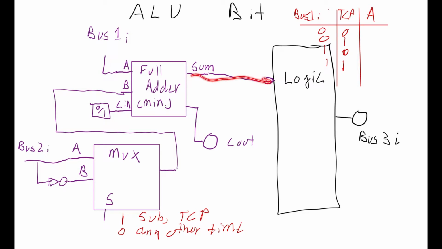Now the sum will come out, and as you saw in the previous circuit, it will split and go to the 3 pass gates for each one of those operations, and then go out to your output. After you've done all of that, you'll want to draw your circuit so that it looks nice, because remember, in the next lab, you're going to have to place 16 of them down.